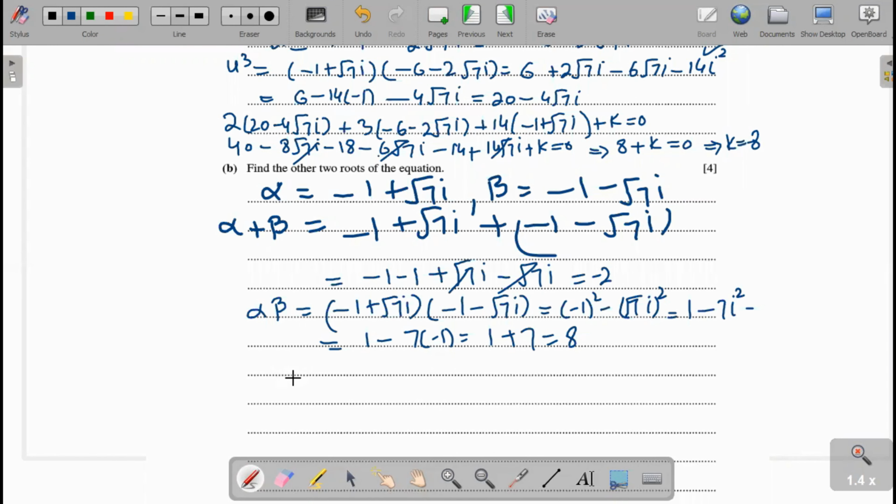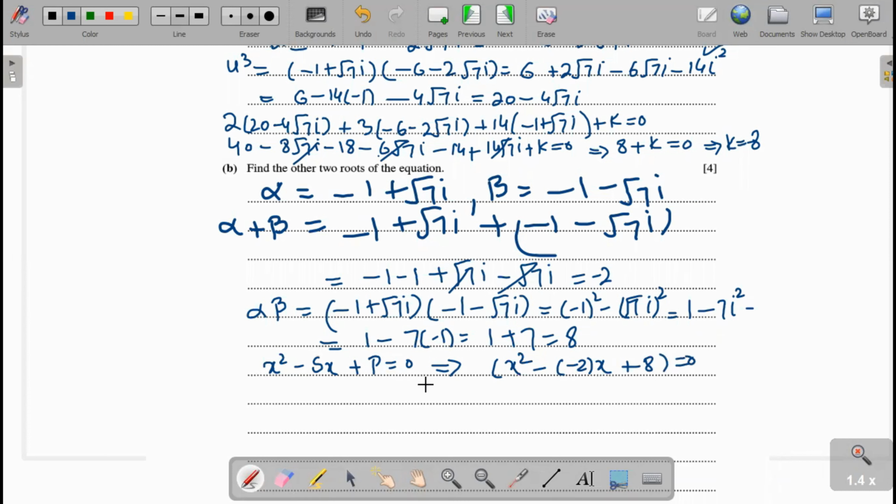Now from these roots we can find a quadratic equation: x squared minus sum of roots plus product of roots equal to 0. Now we can write it as x square minus (sum of roots, minus 2) into x plus product of roots, which is 8, equal to 0.